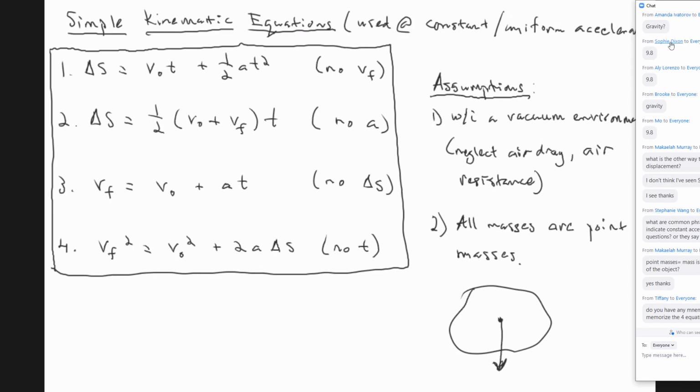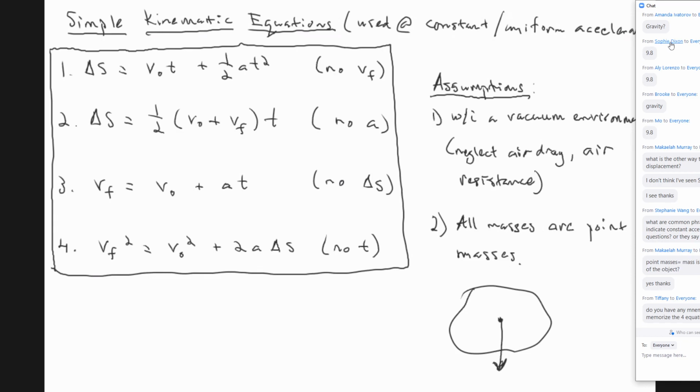And equation 2 is just the average velocity times time, right? V initial plus V final divided by 2 times t. But the real one you need to remember is equation 1, because you end up using it the most. I think 1, 3, and 4 are the ones you use the most if you go through the workbook and what's presented out there.